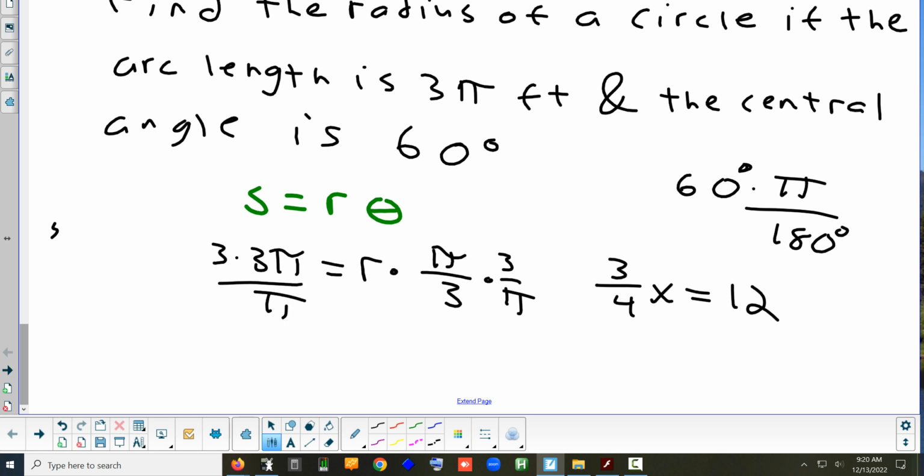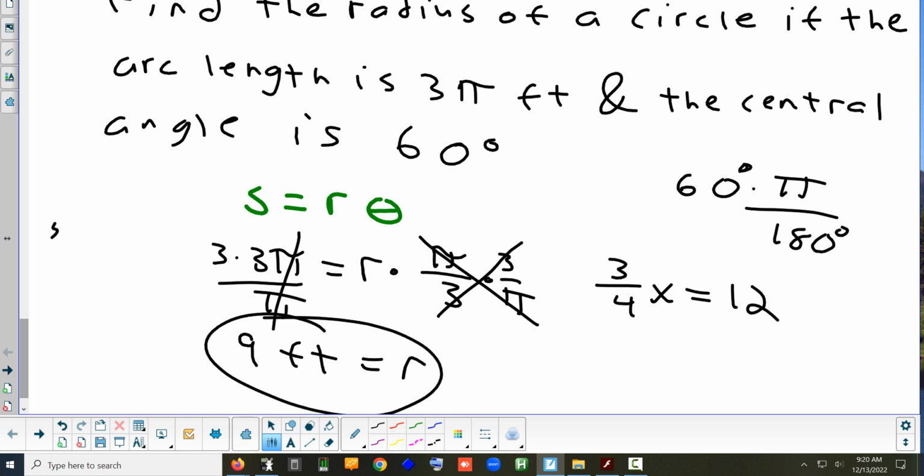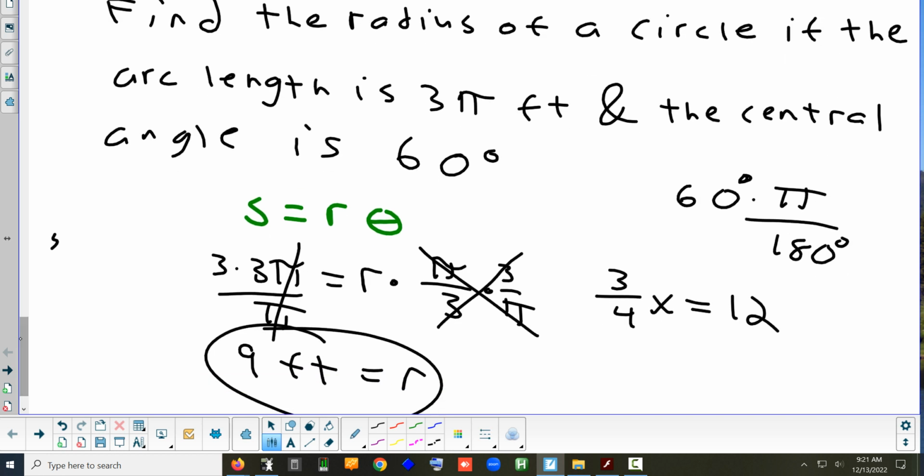That's how you get rid of it. So the 3's are gone, and the pi's are gone. So what do I get for a radius? 9 feet. Radius measures length, so that has to be in feet. So this is a circle with a 9-foot radius. Okay. Any questions on that?